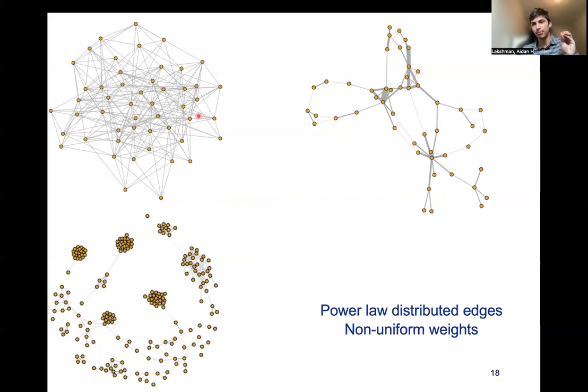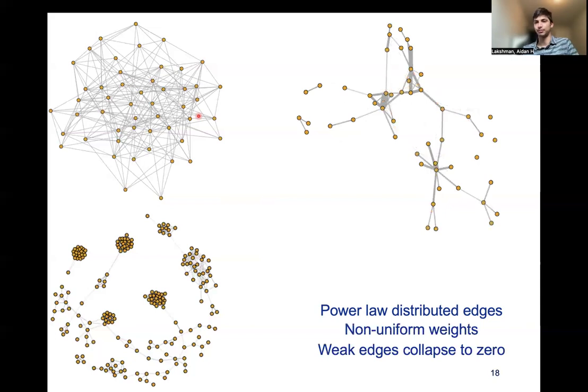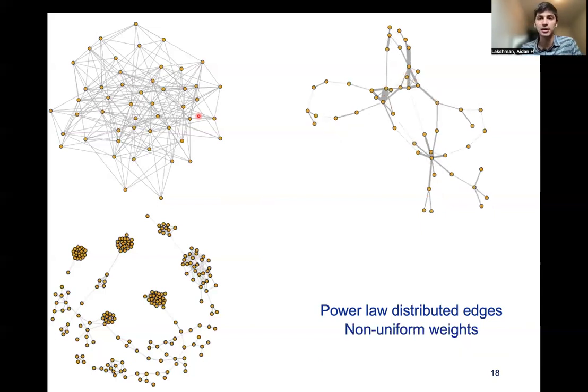Lastly, the most new thing we added in our benchmark is collapsing weak edges to 0. And I want to emphasize what that means. In this graph structure, we have a lot of weak edges. You can see one here and one here and one here. And in biology, when we do these sequence similarity comparisons, oftentimes for very distantly related genes or genes that have very low similarity, rather than returning a match of, say, 20, 25%, they'll just return no match found.